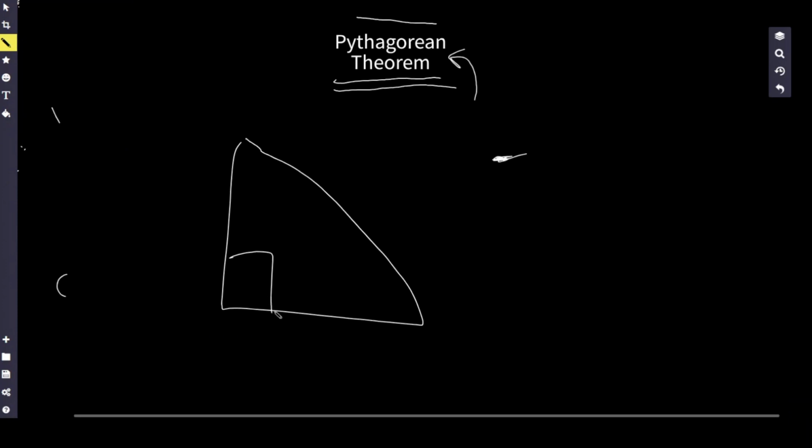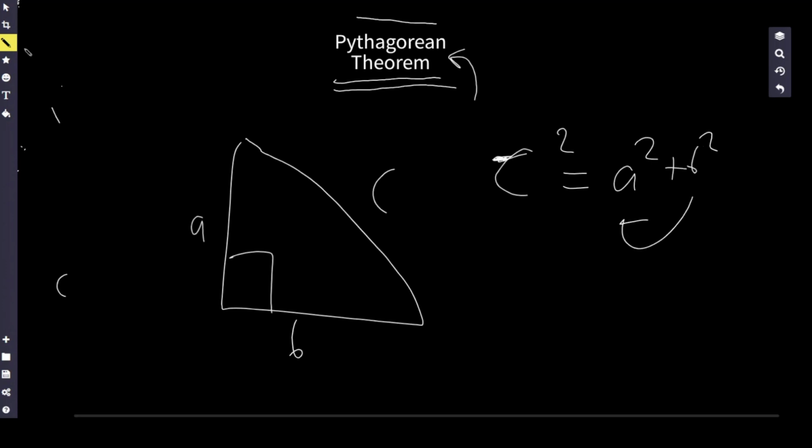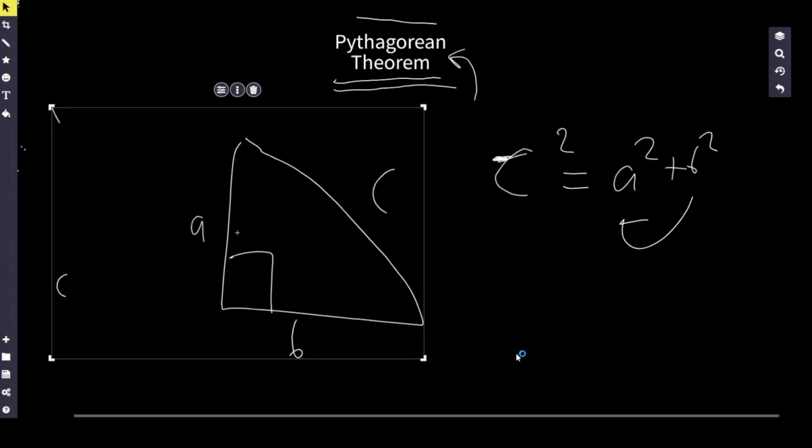So we know that the hypotenuse must be C, right? But what is A and what is B? Well, A could be either of these two sides, and B could also be either of these two sides. It doesn't really matter which side you pick, because we can just switch the order around, and that would be the exact same thing. Okay, now hopefully you should understand how and why this theorem works.